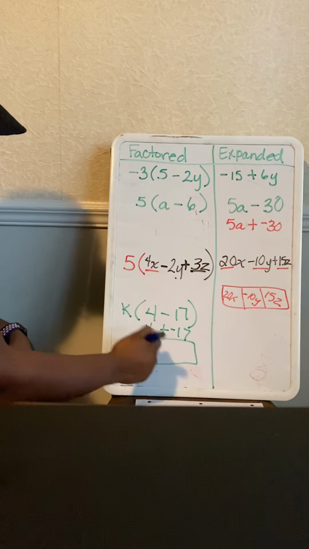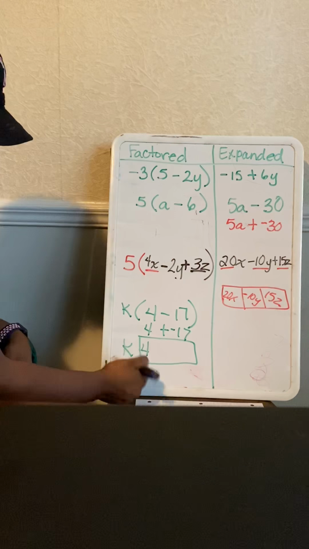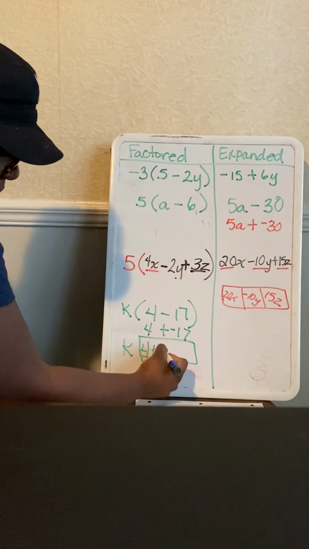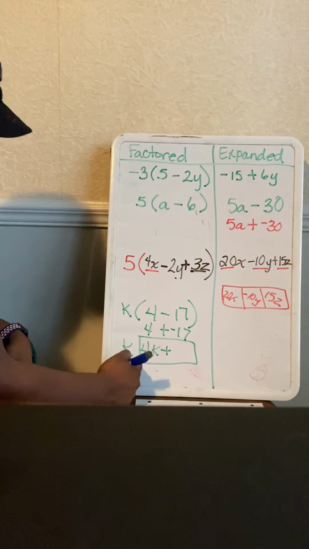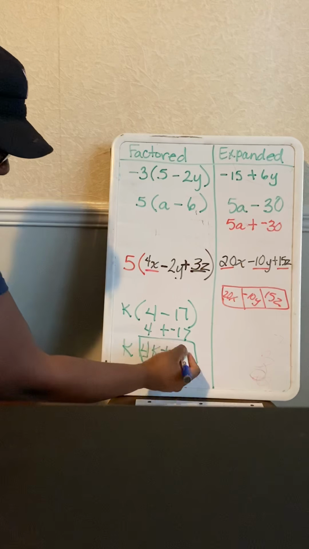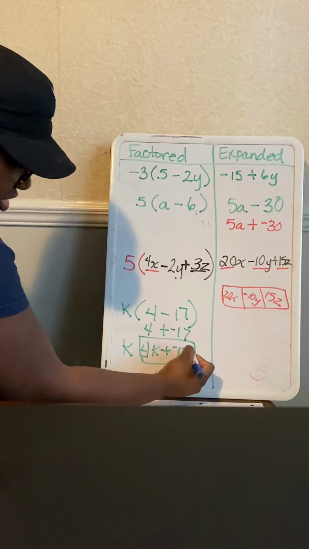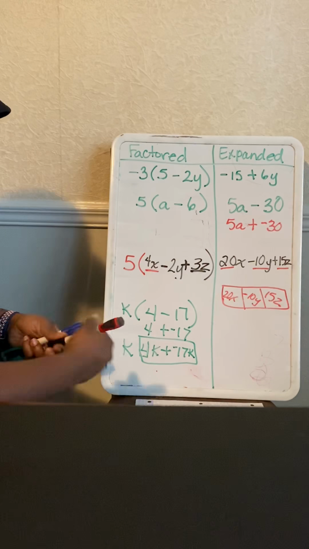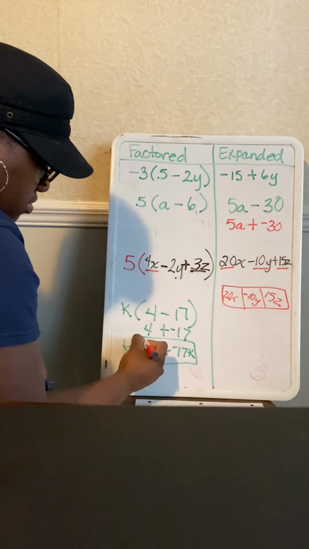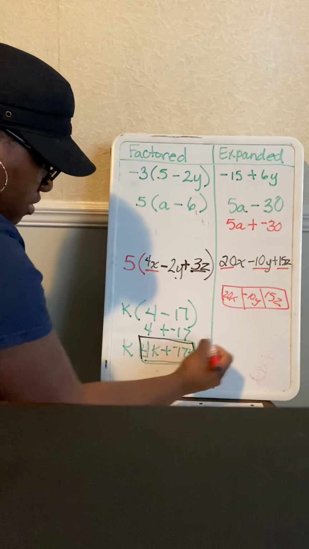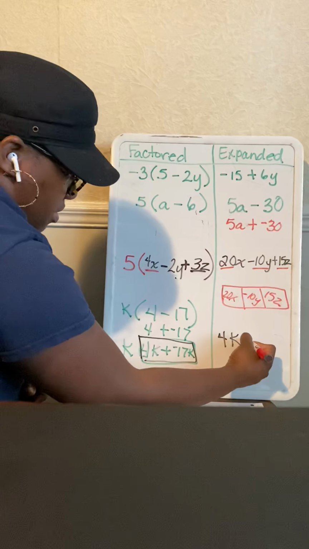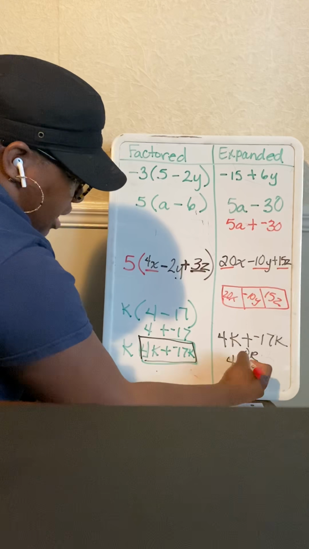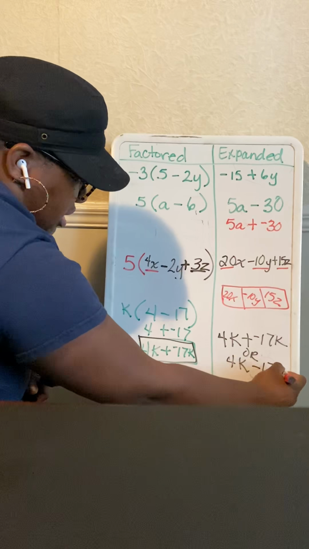K times 4 gives you 4k. Thinking of your coefficient, 4 has to be first, then k. K times negative 17 is negative 17k. And so your answer is 4k plus negative 17k, or 4k minus 17k.